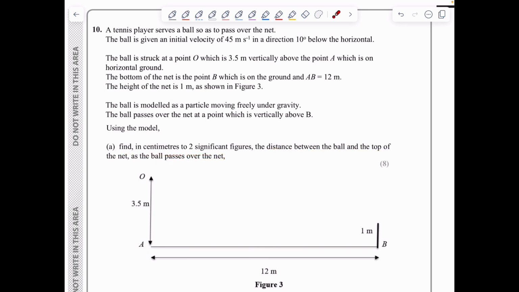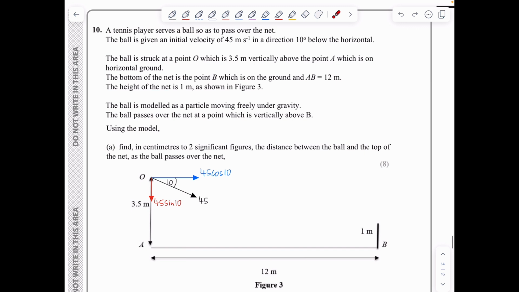So let me annotate my diagram. We've got the initial velocity of 45 meters per second, 10 degrees below the horizontal. I resolve this into a horizontal and vertical direction. So the horizontal is 45 cos 10 and the vertical is 45 sine 10 acting downwards. Now we are passing over the net at a point here, so I will call the distance between O and this point H as shown here.